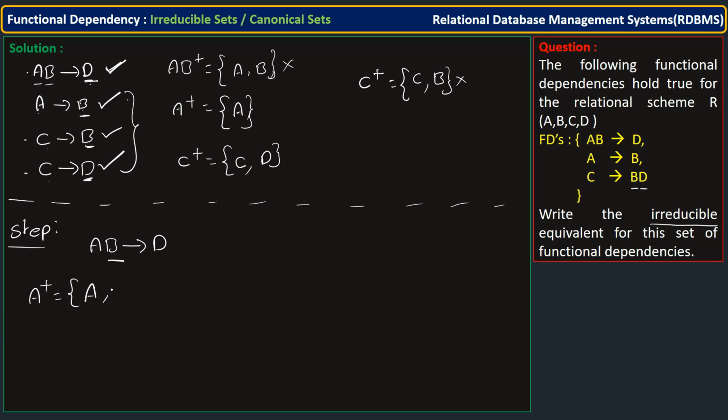A, of course B, and nothing else, so these two only. Of course we generate D. Now what is the AB closure? With B, we get AB, of course D, and this only.